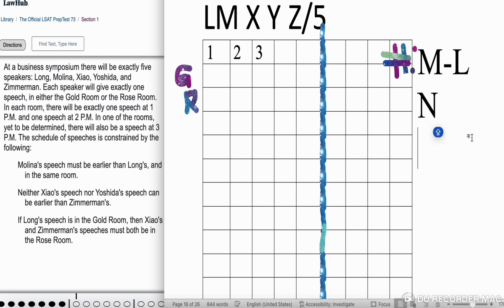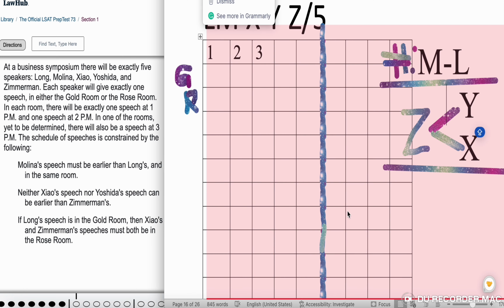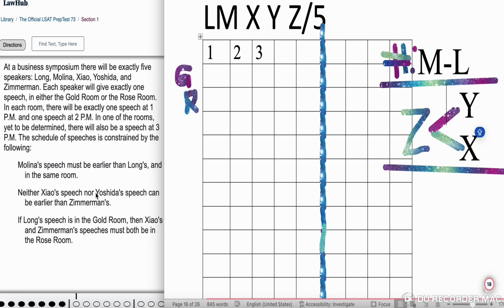So what I'm going to do with this information is put Z in a position where it's going to be before Y, because they're saying basically that neither X nor Y can be earlier than Z. So for the second condition, I have the contradiction, which says neither X nor Y's speech can be earlier.